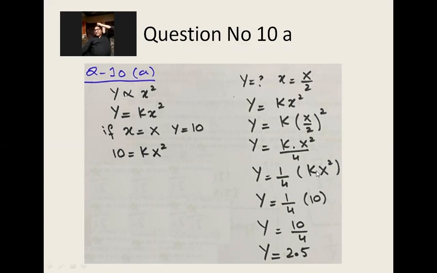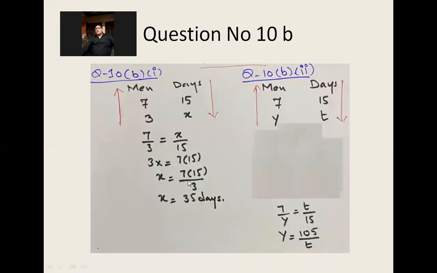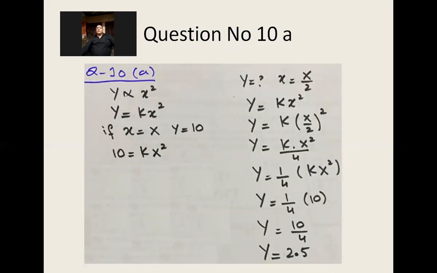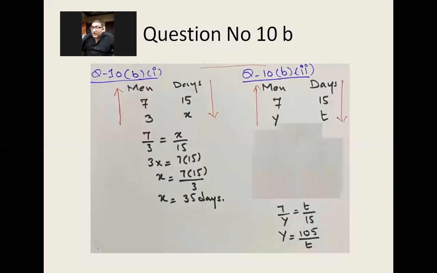I will take this 1 by 4 to the side, so it will be kx squared. The kx squared value I know from here, that is 10. So it will be 10 by 4, which is 2.5. So it means that this time the value of y will be 1/4 of the previous one, 10 by 4, so it will be 2.5. So that was question number 10, A part.